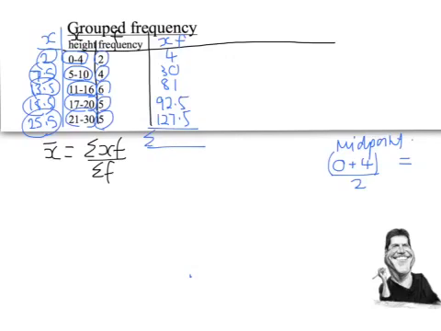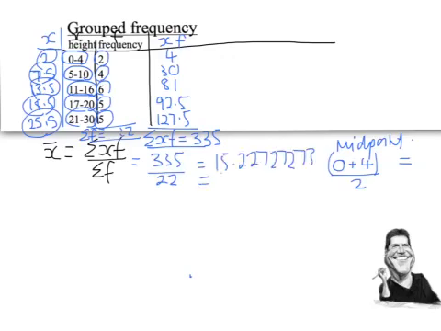Now, if we add all of those up, the sum of xf comes to 335. So my formula is 335 divided by the sum of f. Here's the sum of f. Let's squeeze him in here. The sum of f is 22. And 335 divided by 22 is coming out as 15.22727273, which is 15.2 to 3 sig figs.